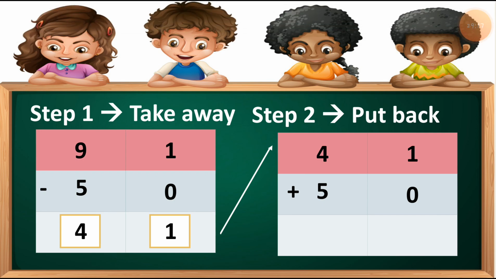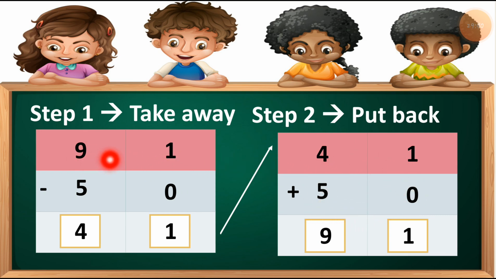Now students, let's add this number with the ones column. 1 plus 0 is equal to 1. Now let's move to the tens column, which is 4 plus 5 is equal to 9. Now you can check this. We get the same answer here, 91, and here is also 91.